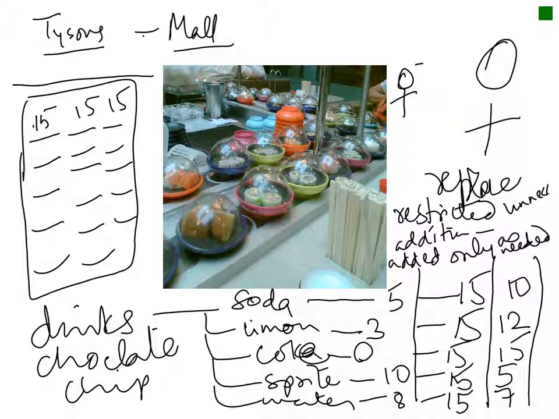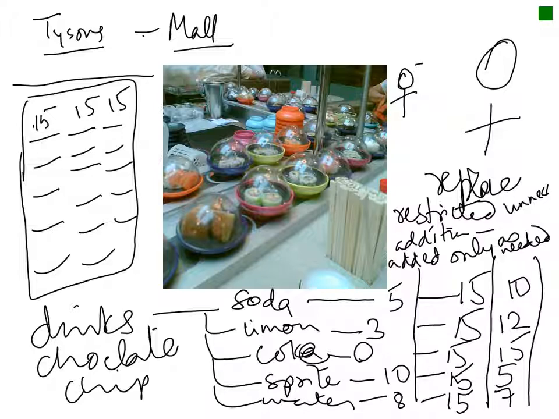Now I am going to talk about something, but before that, have you seen this? In one of the malls at Tyson's, I think, I have seen bowls with food, covered, that keep moving on a conveyor belt, and you can just pick up one, and eventually it gets replaced with another.